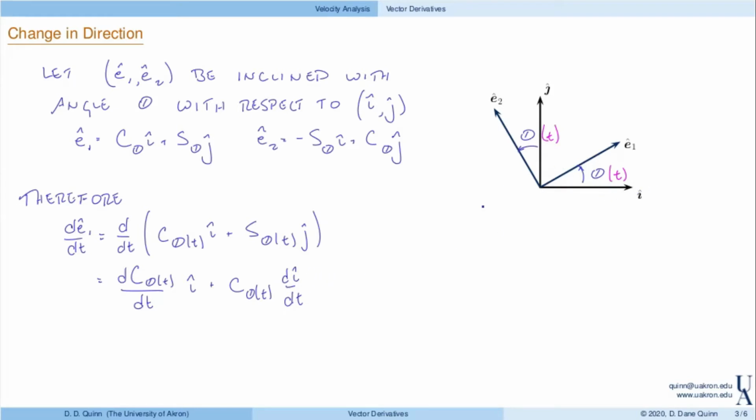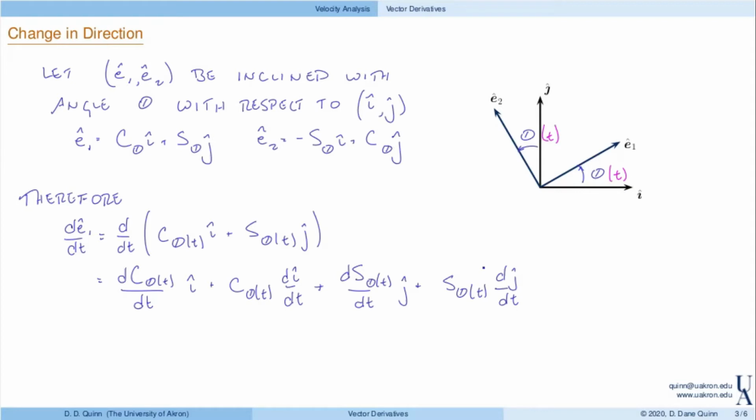And here this is going to vanish, right, because I is fixed. But I'll go ahead and write it out just because. And then the second term becomes the derivative of sine of theta with respect to time in the j direction plus sine of theta of t times the derivative of j with respect to t.